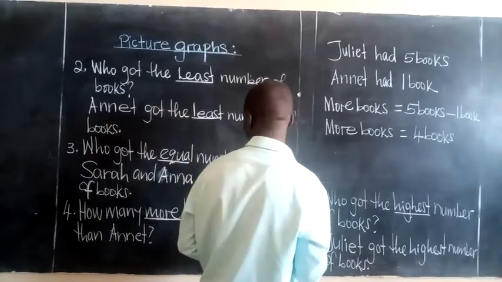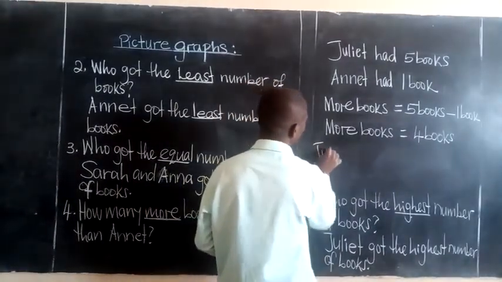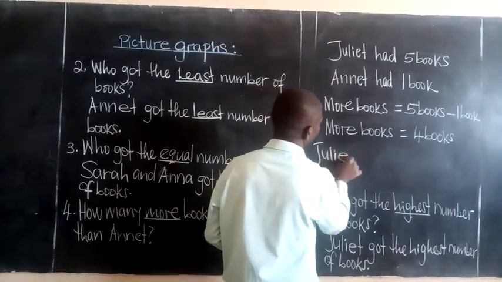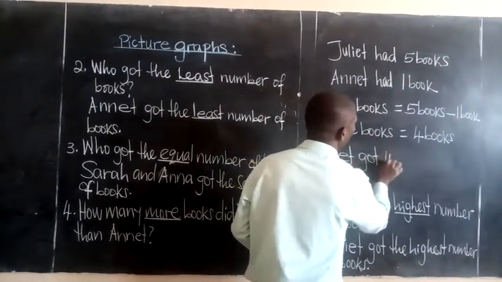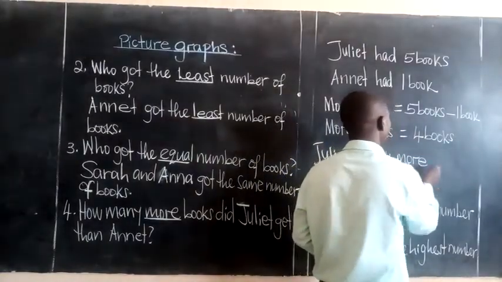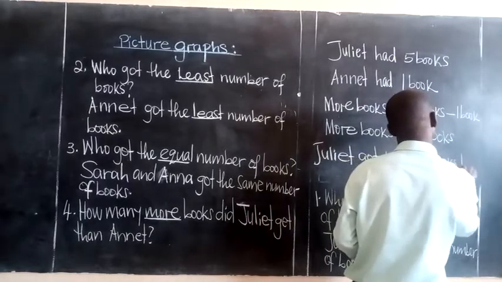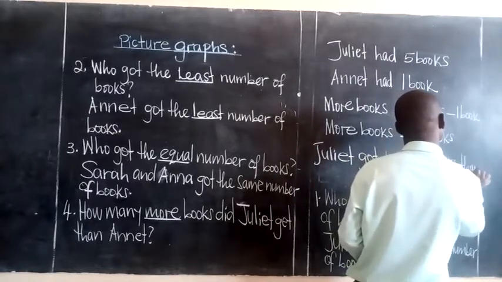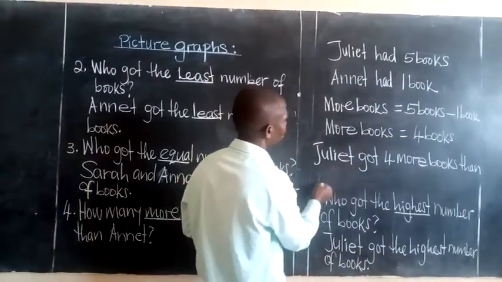So there we shall conclude by saying Juliet got 4 more books, and more goes with than. More books than who?